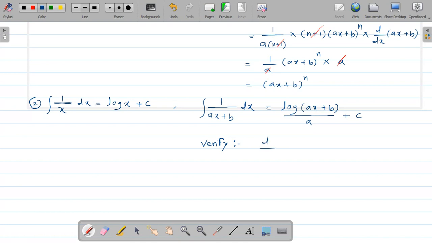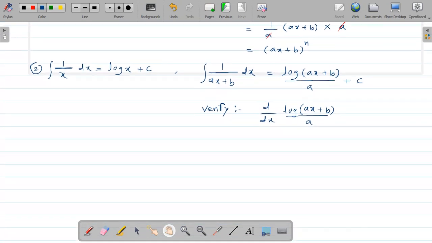Take the derivative of log of ax plus b upon a. Here 1 upon a as it is. Now take the derivative of log of ax plus b.